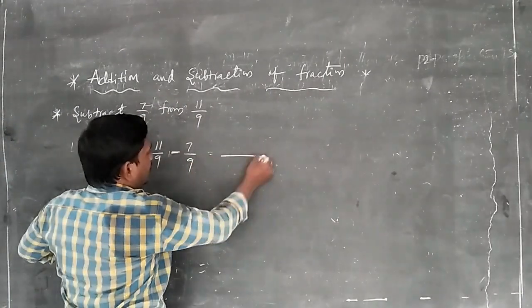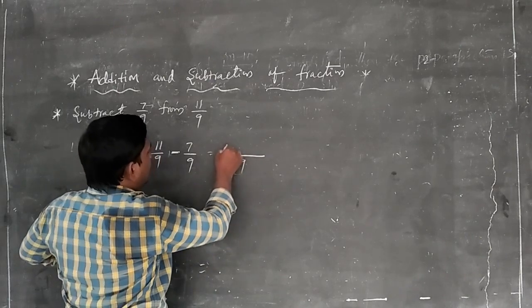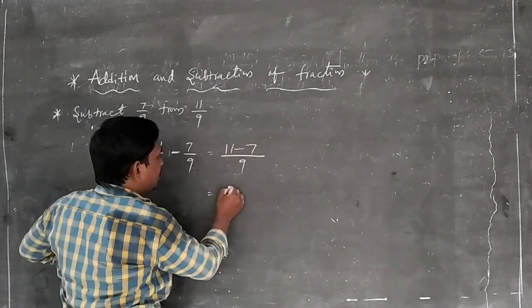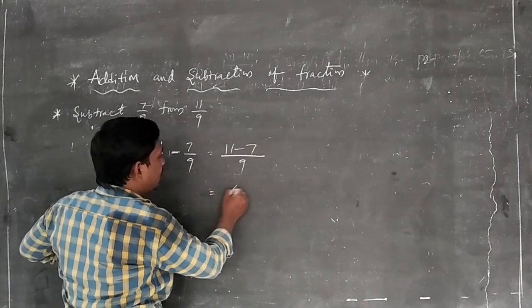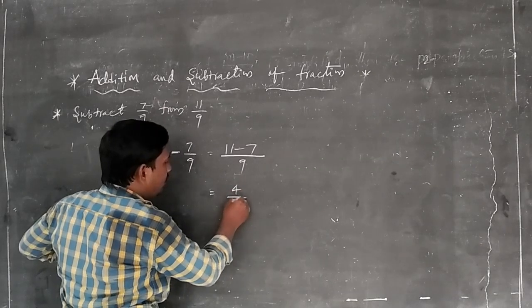That means common denominator 9, 11 minus 7, that means 4 by 9.